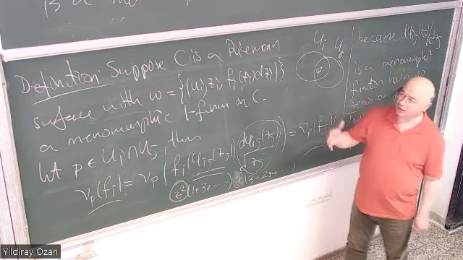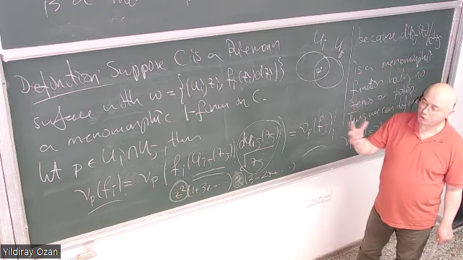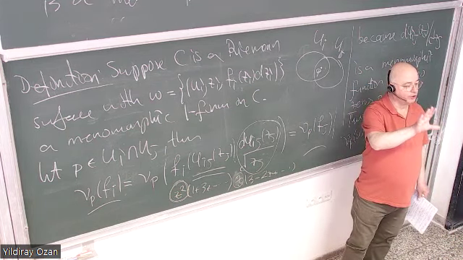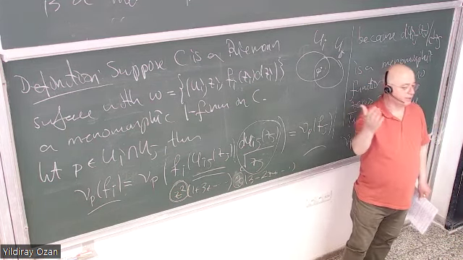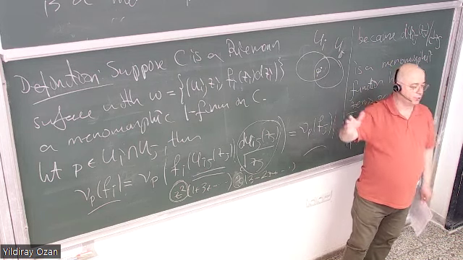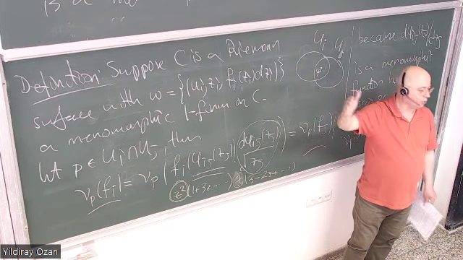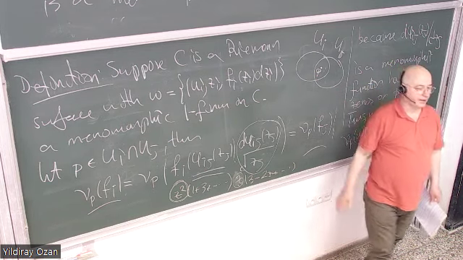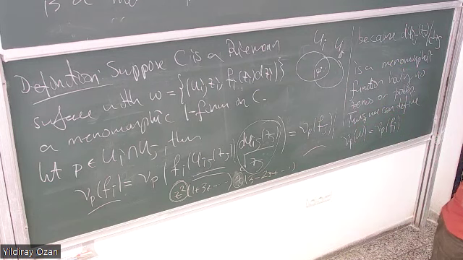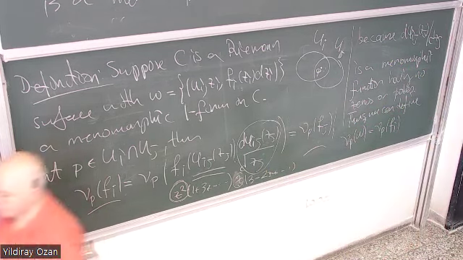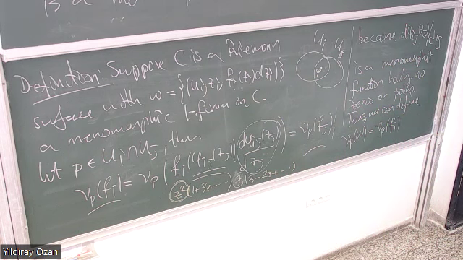And the two examples you should keep in mind: one of them is the Riemann sphere, where the coordinate change is z goes to 1 over z, and the other is the complex torus, where z goes to z plus w1, w2, or some multiples of it. If you just keep those examples in mind, you never get confused. I admit that these things are confusing, but that's life.